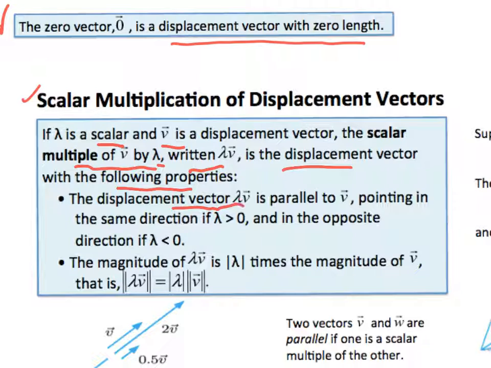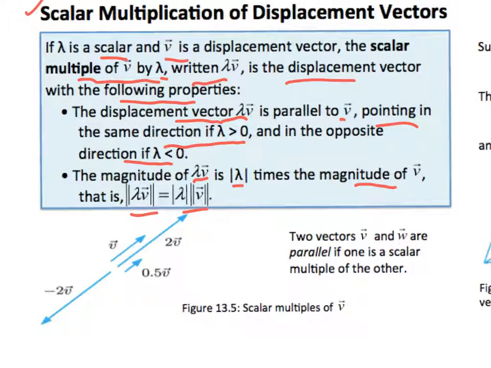The displacement vector lambda v is parallel to v, pointing in the same direction if lambda is greater than 0, and in the opposite direction if lambda is less than 0. The magnitude of lambda v is the absolute value of lambda times the magnitude of v. So we can write it like this, if we wish.